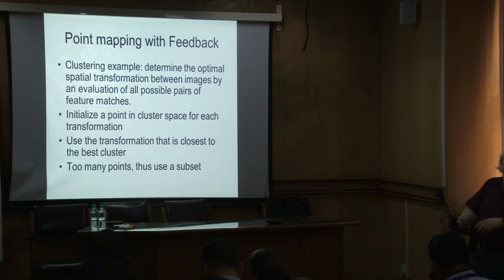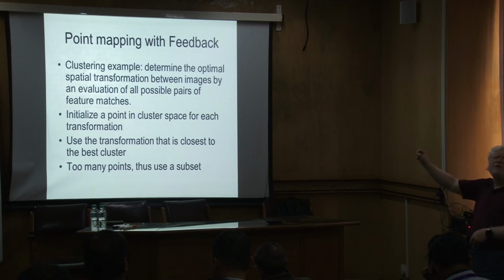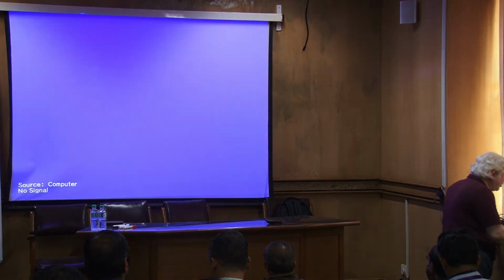And you know, since they are not agreeing with the majority they have no business to be kept there, you just throw them out. They are called outliers, and you take the inliers and take the mean of the inliers. So there are serious errors that are going to result in outliers, and then there are measurement errors, which are not correspondence errors, but which are errors of half a pixel, 1 pixel, and so on. So there the smart thing to do is to take the average of the discovered points.